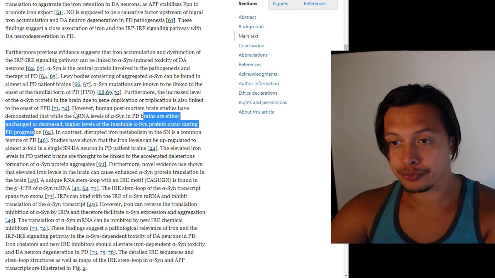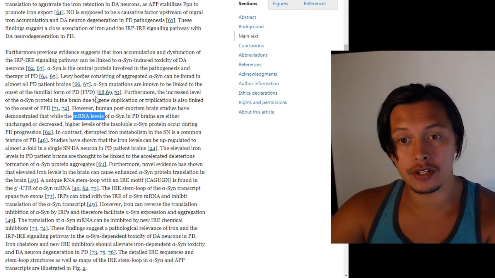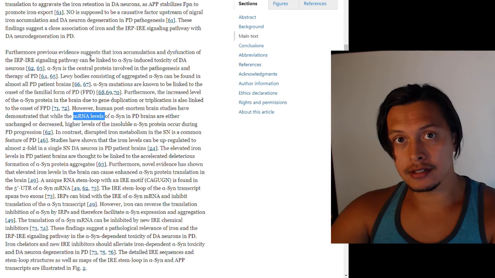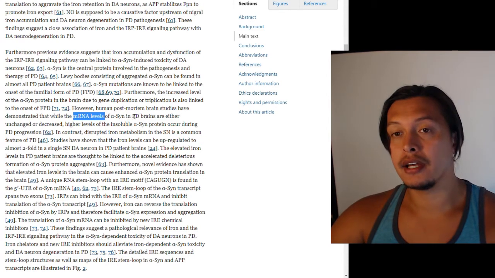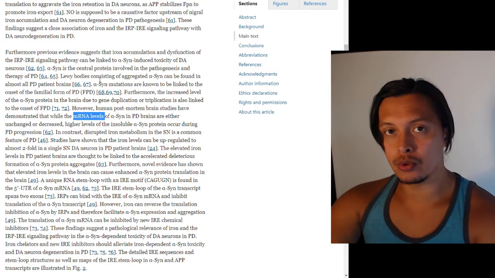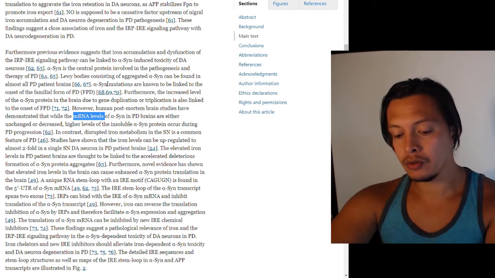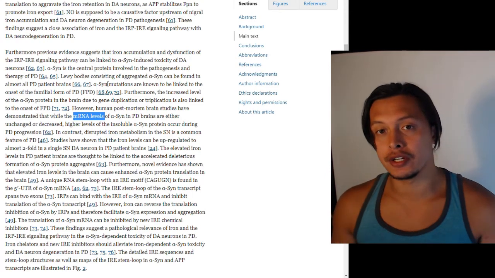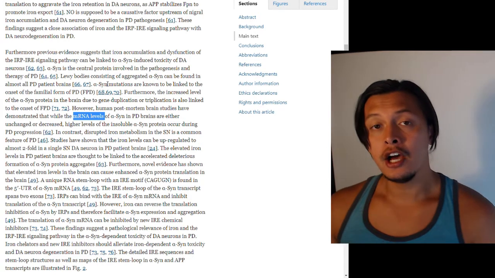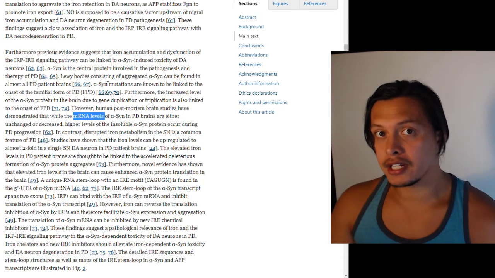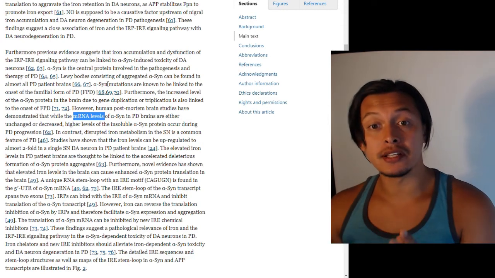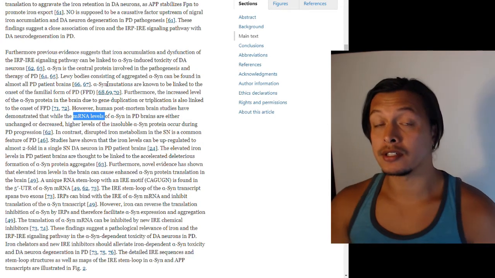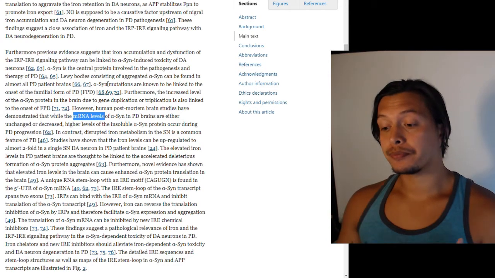This tells you if the mRNA levels are the same, that means that it is somehow being upregulated at the translation level. So the translation of the protein is what's being regulated. It's not the transcription of the DNA into mRNA, because that seems to be the same in the Parkinson's versus non-Parkinson's patients.